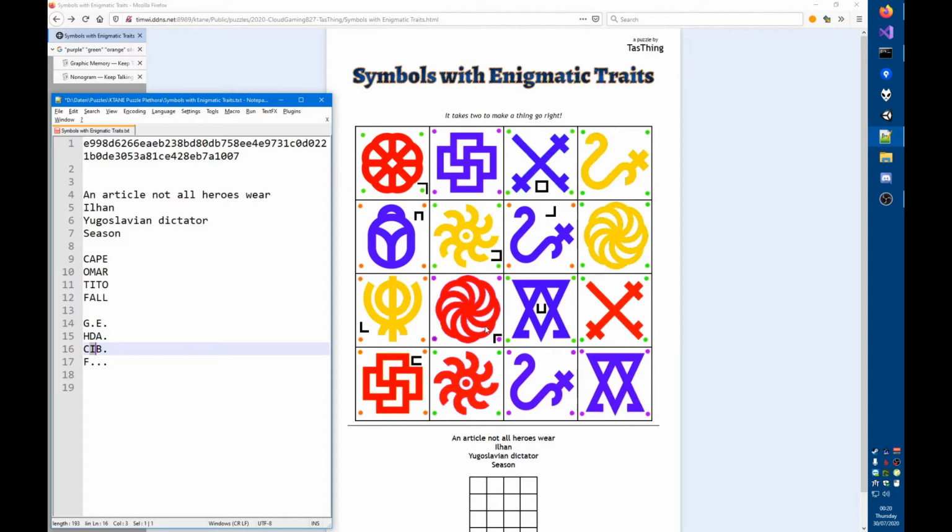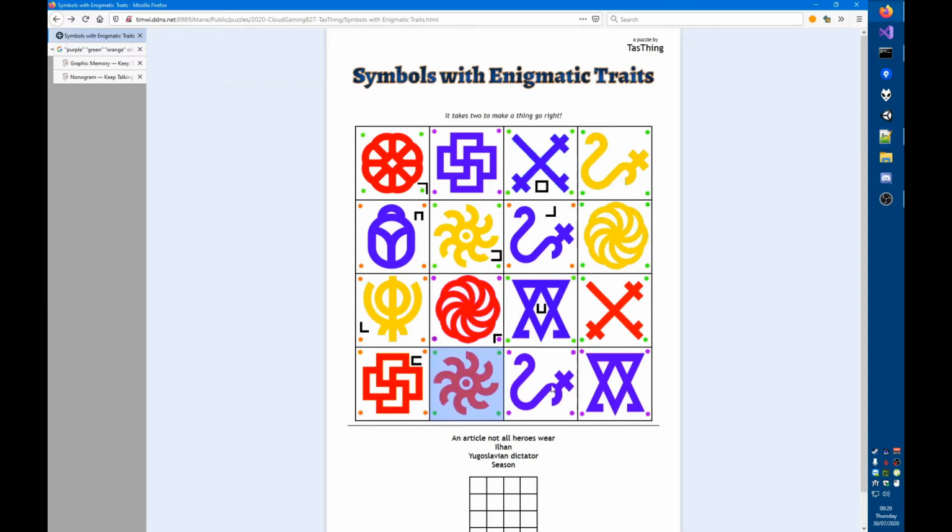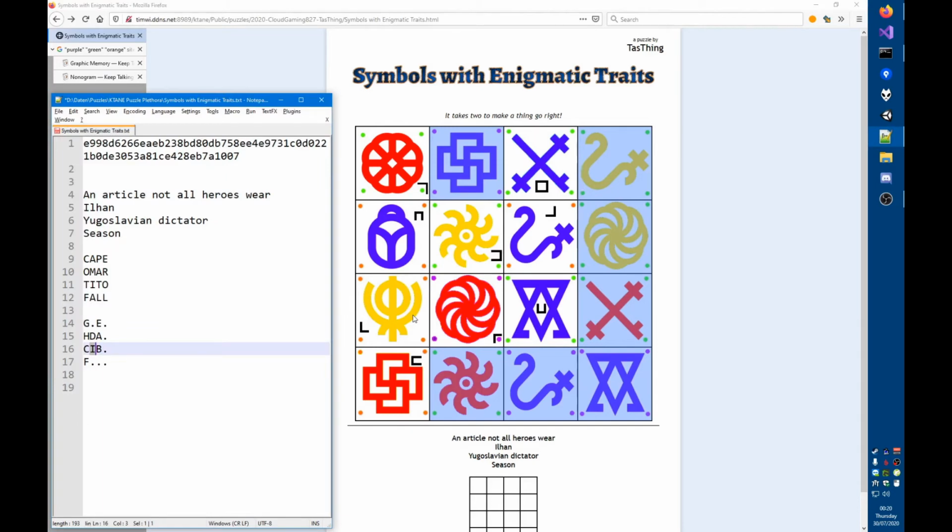Which means that there are 7 additional things left. Right, 1, 2, 3, 4, 5, 6, 7, wait. 16 minus 9 is 7, isn't it? Oh, there's a pigpen thing there. That's right. Okay, so these are the 7 that don't have a pigpen letter.